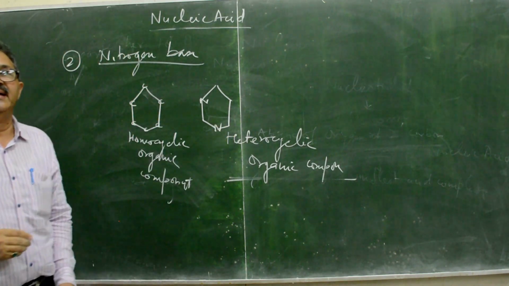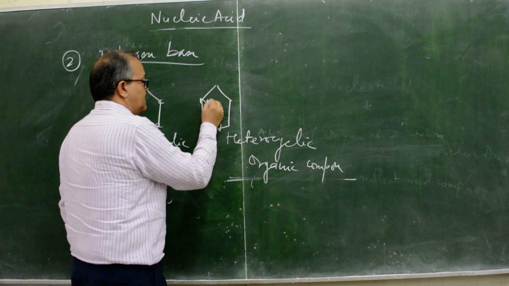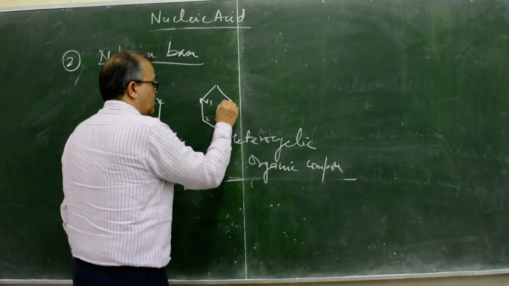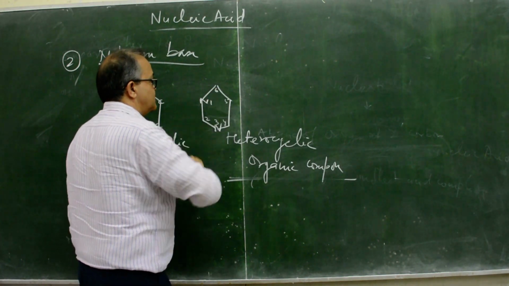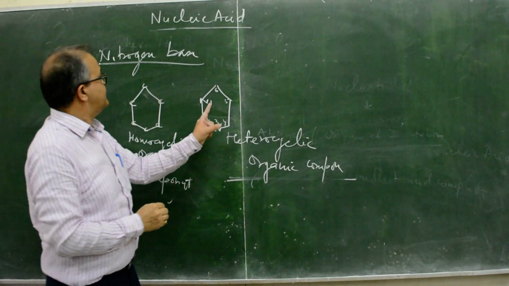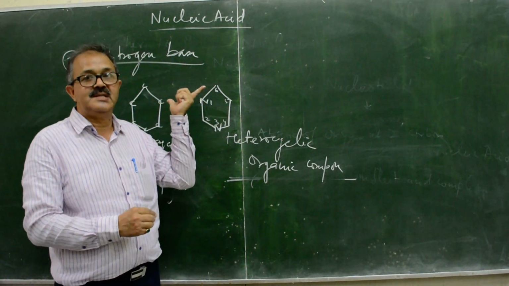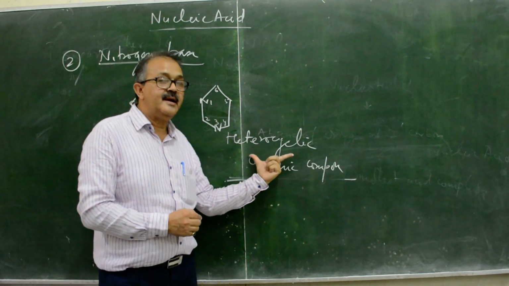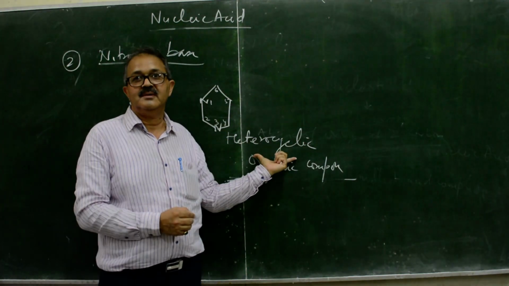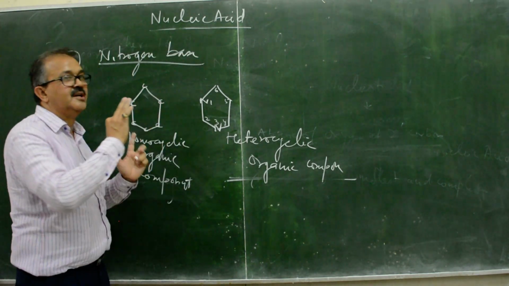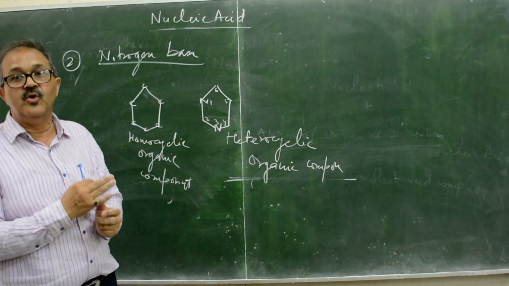Nitrogen has replaced the carbon at the first position and third position. This numbering system is there. So this is a ring, and this ring is called nitrogen base. So nitrogen bases are heterocyclic organic compounds. If at all positions carbon is placed, it is known as homocyclic.